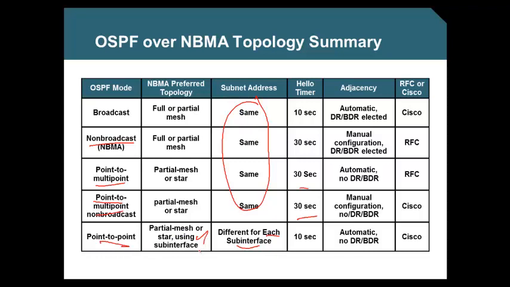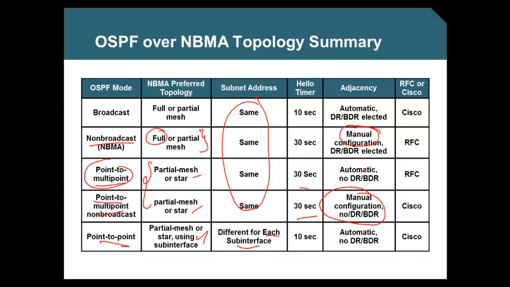And this is recommended for full or partial mesh, but make sure that there is no DR BDR election. For that we need to set priority 0. We'll talk about that when we go there. And for non-broadcast and for point to multipoint non-broadcast, the neighbor needs to be manually configured, whereas for point to multipoint, neighbors are dynamic, automatic.